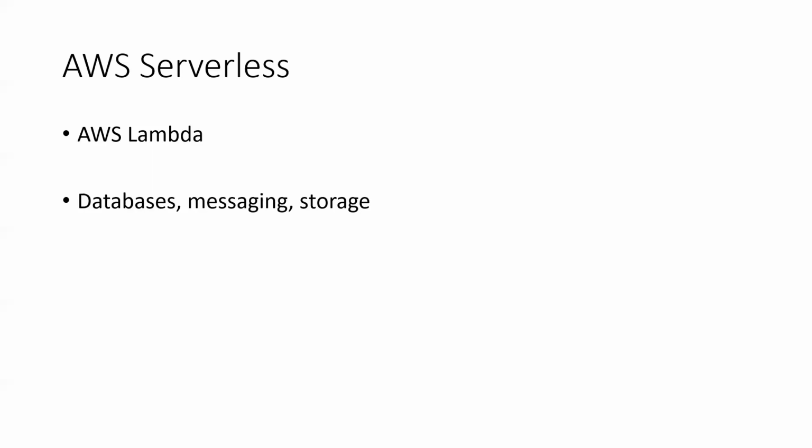There are also various kinds of databases like RDS, messaging tools, and storage services. Nowadays we also hear that Redshift is serverless. Earlier we needed to choose a server, but nowadays we don't have to. We directly take the application that is readily available in AWS.